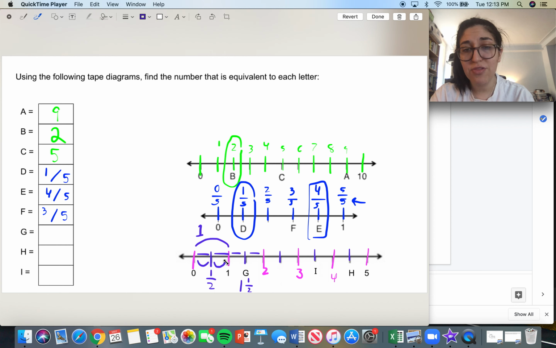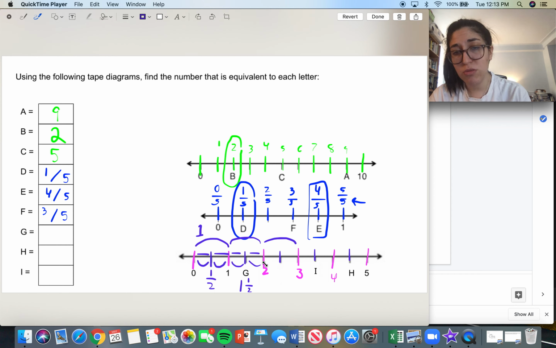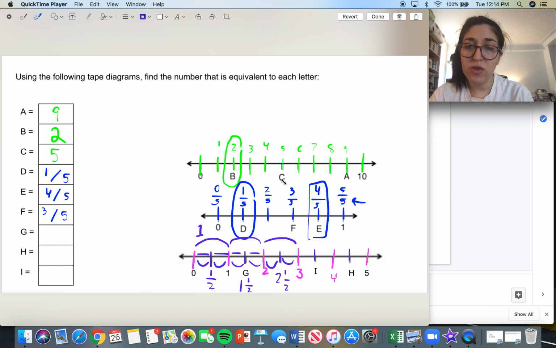This is a half, this is a half, this is a half, this is a half, and that works because 1/2 plus 1/2 is going to be the same as 1 whole. So here's a whole, right? 1 whole jump from 2 to 3, and I split it in half. This will be a half and a half. A half plus a half makes a whole. And this will be 2 and 1/2. So that's how we figure this out.